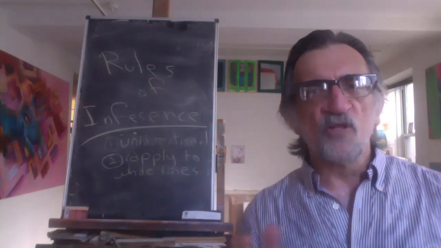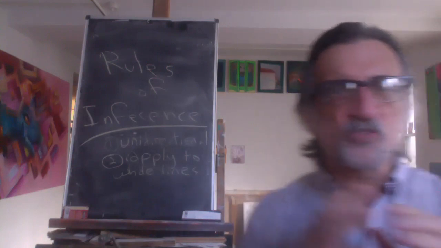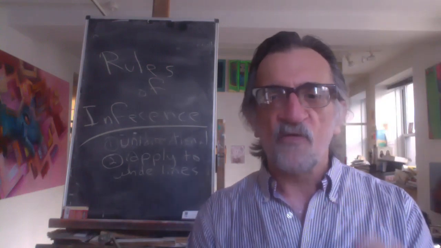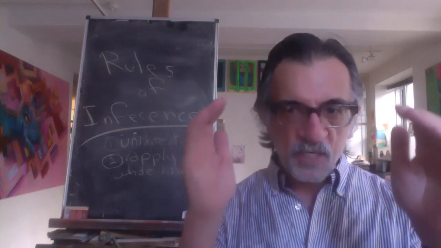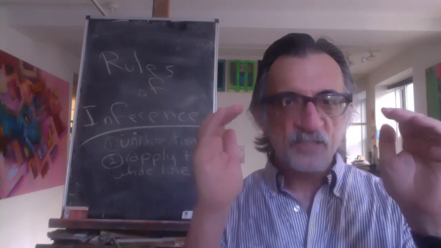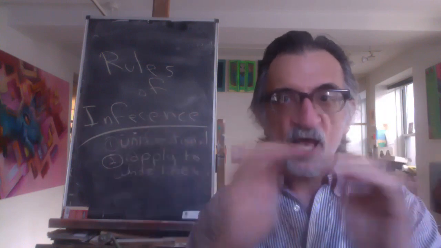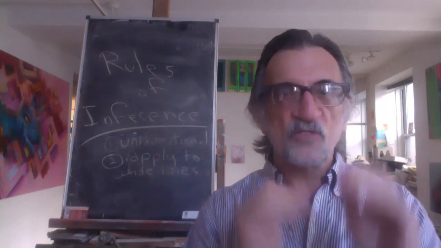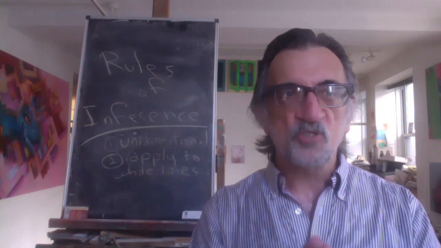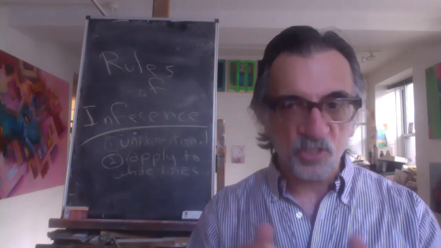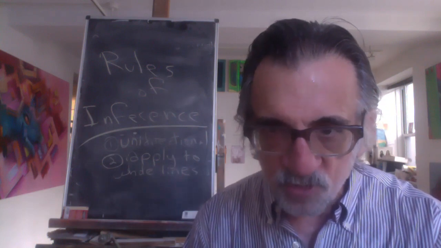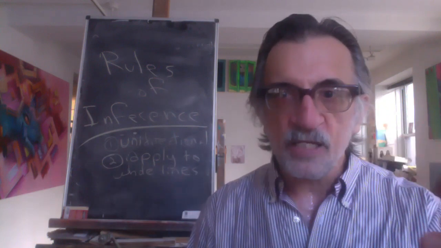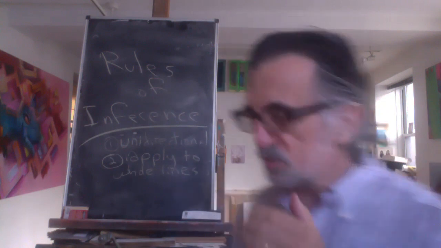So if it's a rule of inference that proceeds from a conditional, from an if-then, okay, fine, well and good. But the entire line has to be, in some large sense, an if-then statement. If it's a rule of inference that applies to an or statement, a disjunction, it can be as complex a disjunction as you want, but the entire line has to be a disjunction.